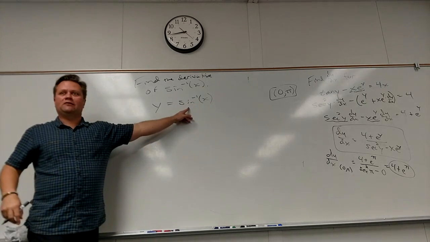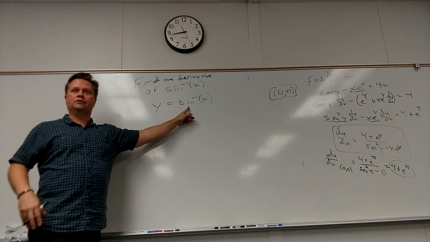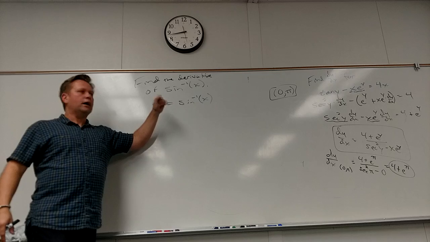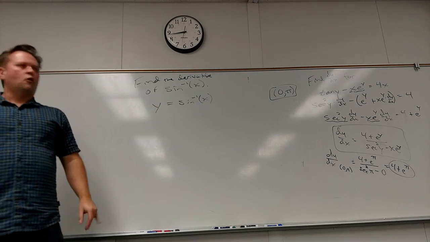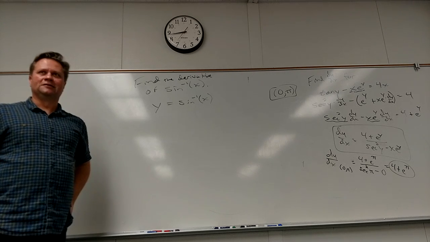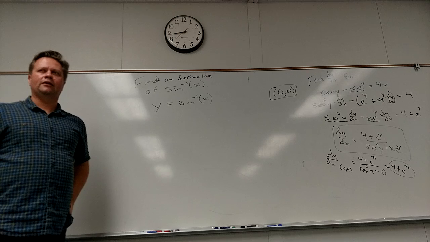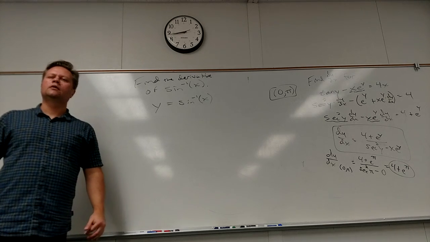Do you want to use the limit definition? If you do, go ahead, do it on your own. I don't want to use the limit definition. How can I rewrite this? If y is the inverse sine of x, what's x? How do you solve for x? Sine y equals x.